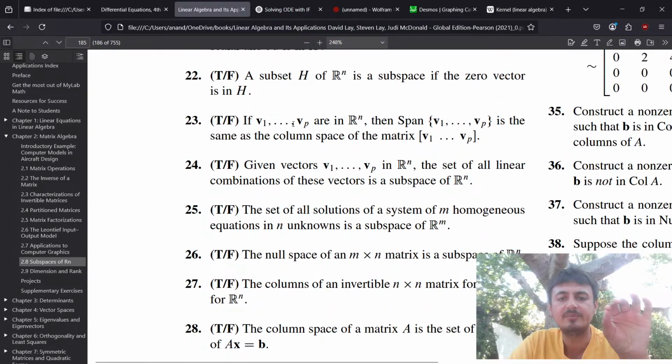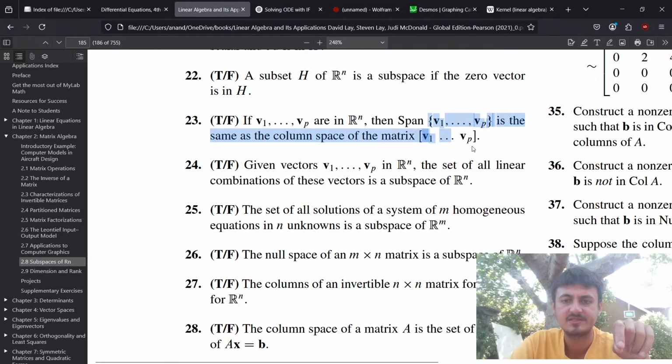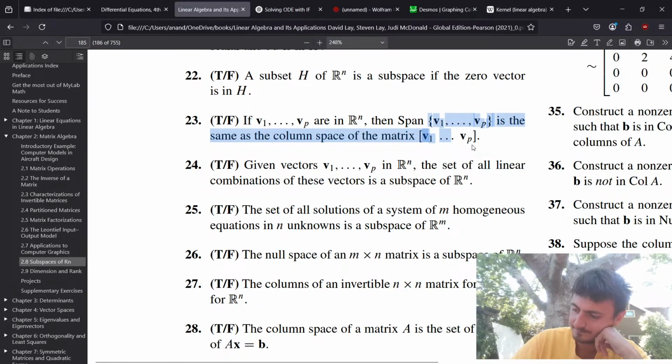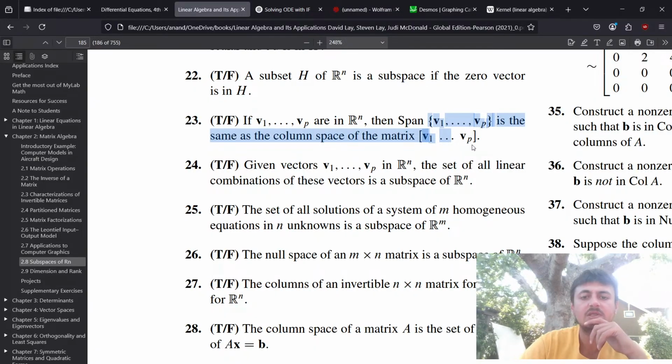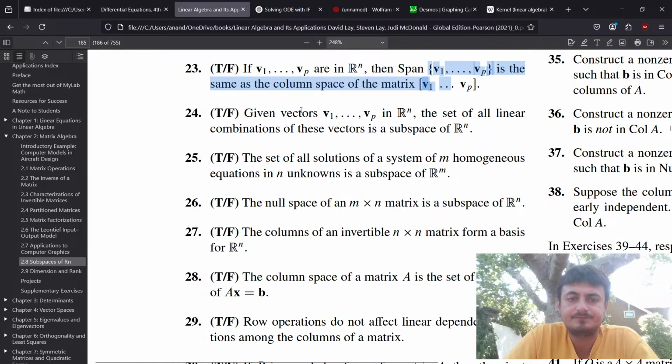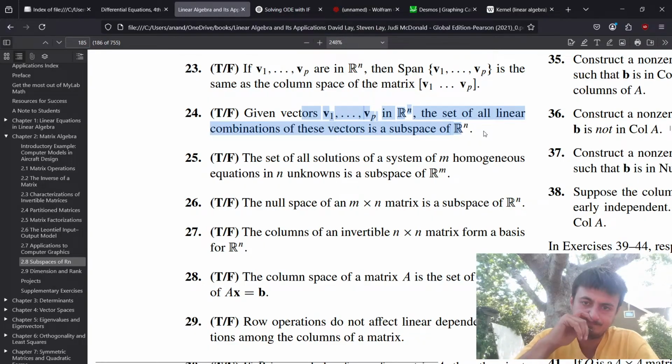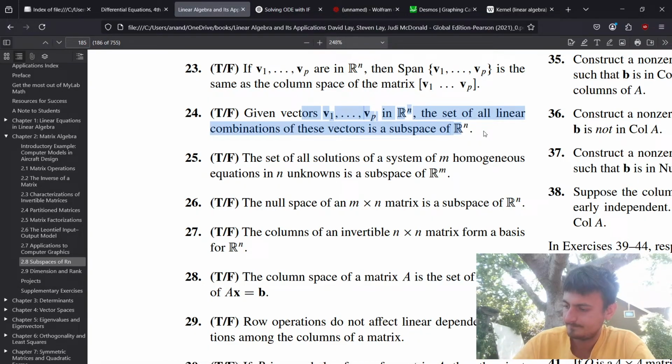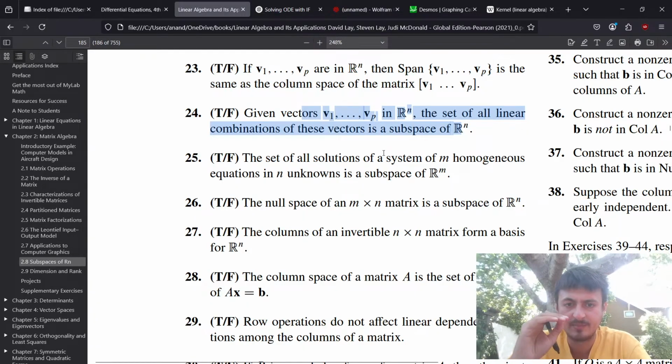All right, if V1 through Vp are in Rn, then the span of V1 to Vp is the same as the column space of the matrix. That is true. Given vectors in Rn, the set of all linear combinations of these vectors is a subspace. That's true. The set of all solutions of a system of M homogeneous equations in N unknowns is a subspace of Rm.